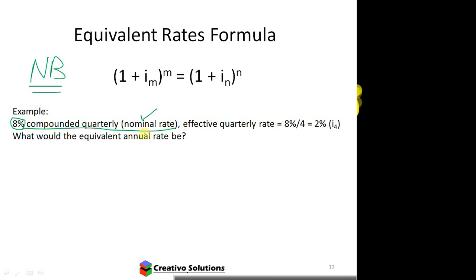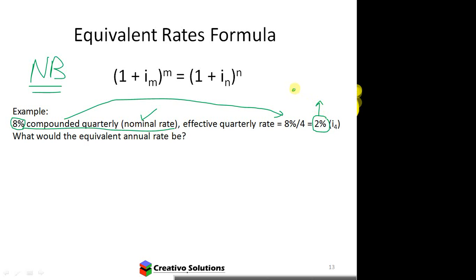It's nominal. Why is it nominal? It's quoted: 8% compounded quarterly. How do I change that into effective? I divide it by the number of quarters. How many quarters in a year? 4. So if I've got 4 quarters in a year, I get 2%.